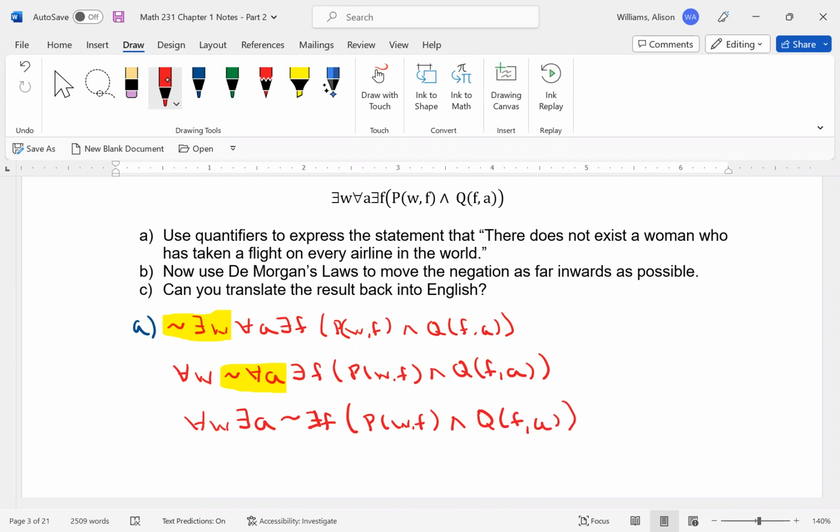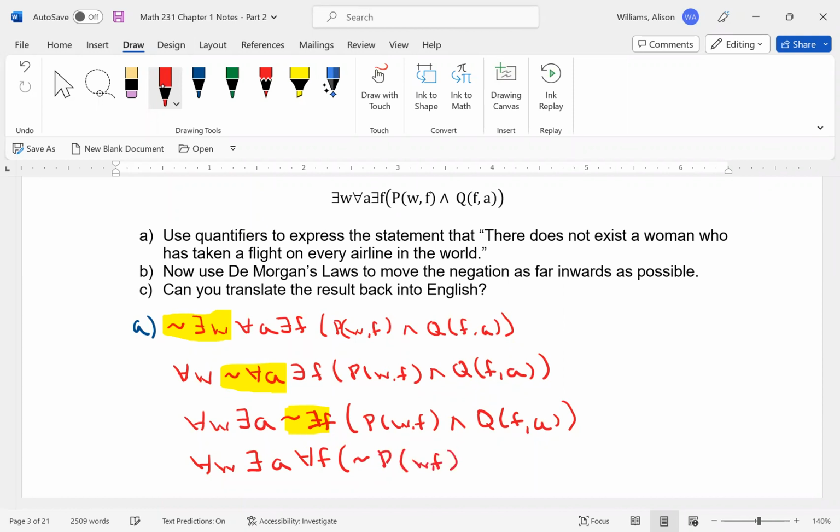So what happens here when we apply a negation to a there exists? De Morgan's changes it to for all. So if there doesn't exist a flight, that means for every flight. So here we go. For all women, there exists an airline such that for all flights, now we're applying the negative in here.